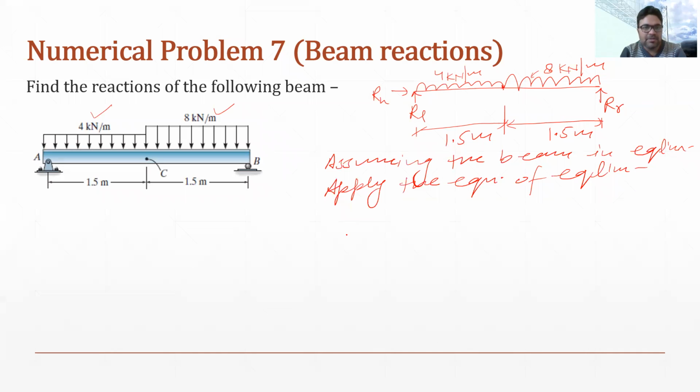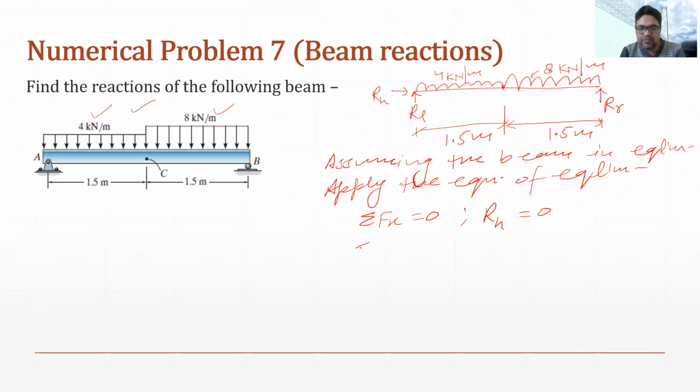As per the equations of equilibrium, the first equation is summation of Fx equals 0, which means the summation of all the horizontal forces should be 0. As you can see in this beam, there is no horizontal force, so the reaction RH will be 0.